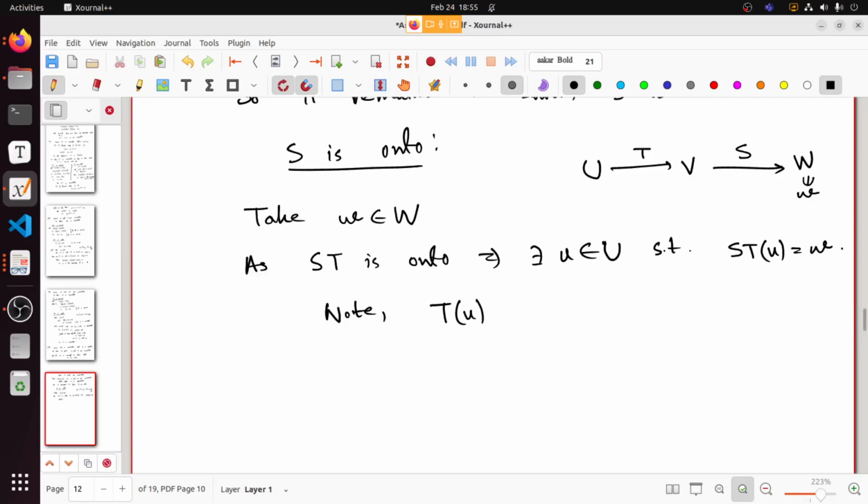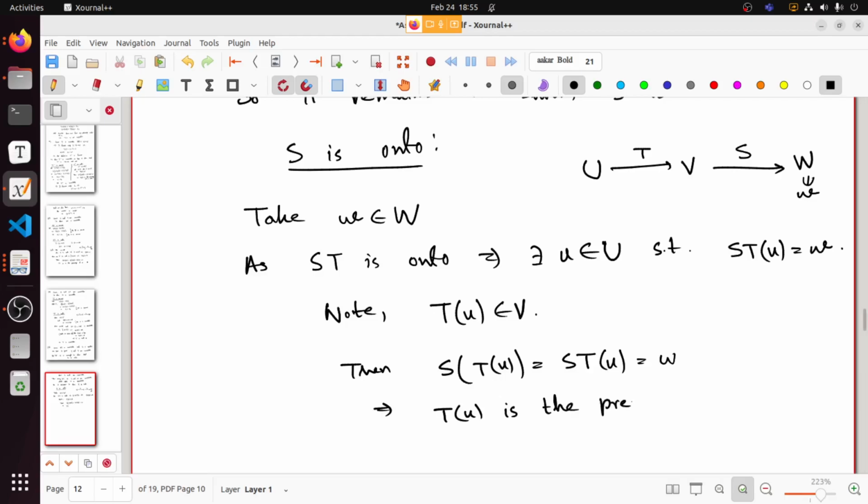T of u, where T of u is in V, right? Then S of T u is S composed with T of u, so this is w. So T u is the preimage of w under S, which implies S is onto.